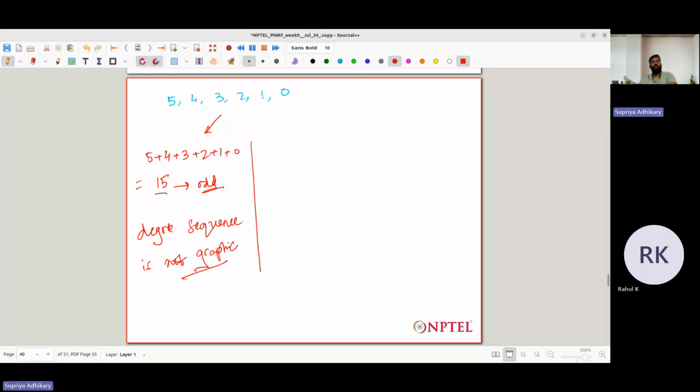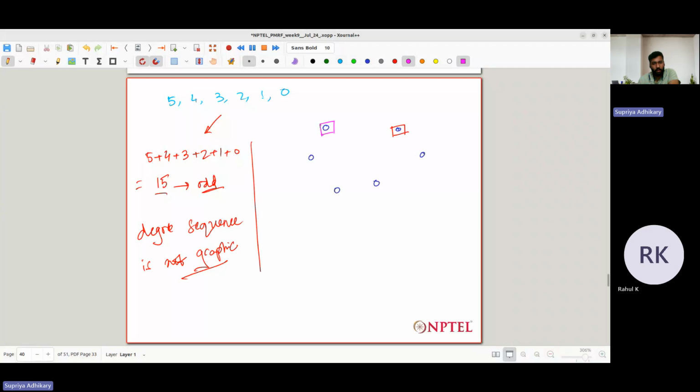Another way to show this is that we have 6 vertices. Since in the degree sequence there are only 6 numbers, there should be 6 vertices. Consider this vertex over here, which has degree 0. That means it does not have any edges to any of the vertices.